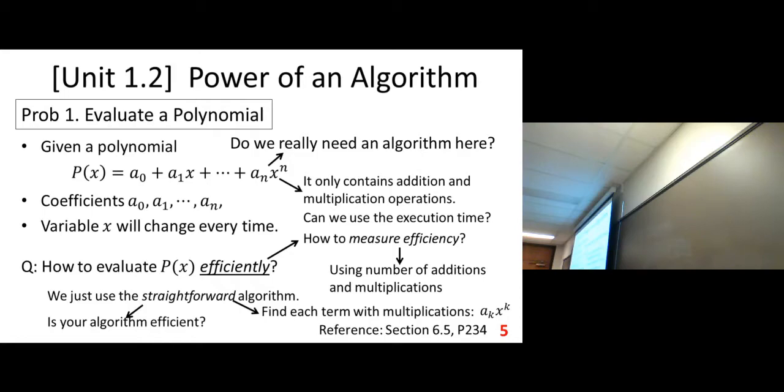Here you may need to use the knowledge from computer architecture. I don't know if you talk about that in that class or not. I taught that before. So we should focus on multiplications, much slower.